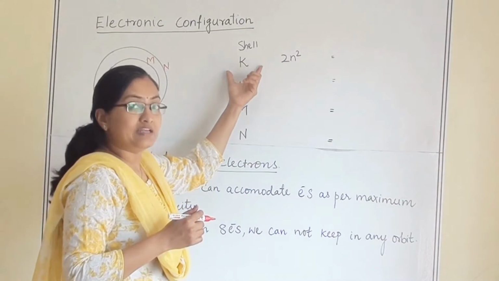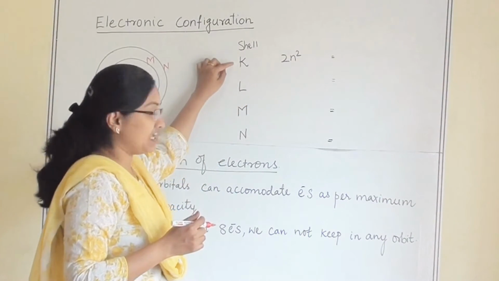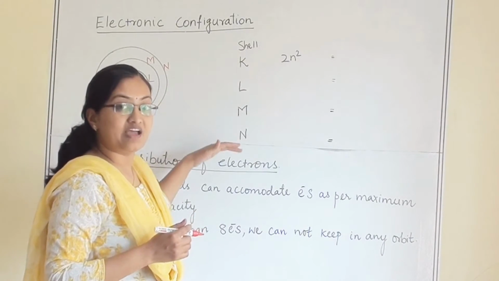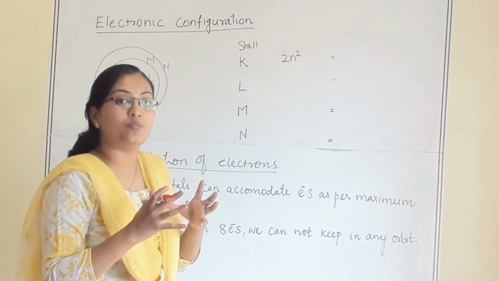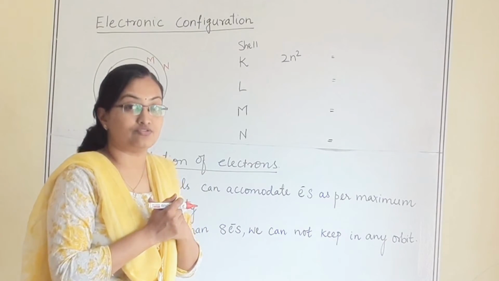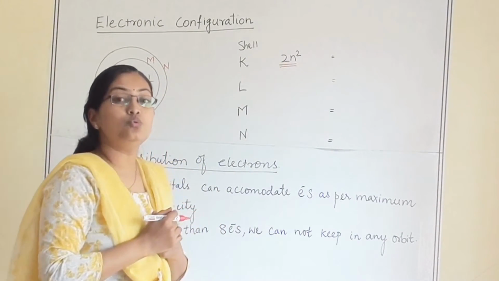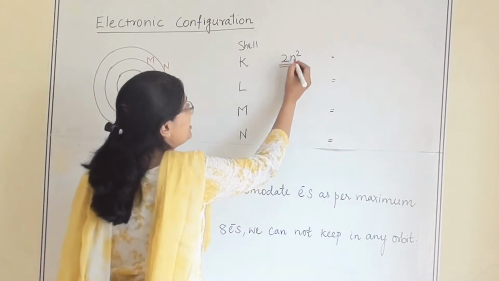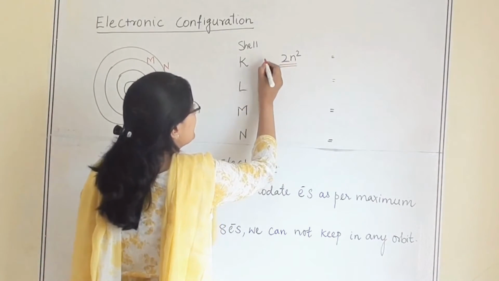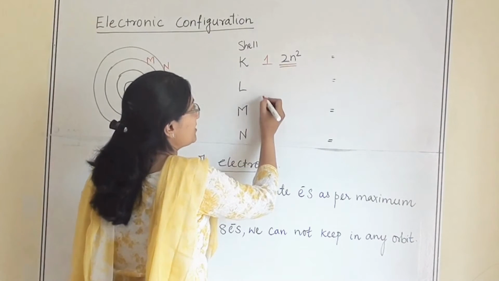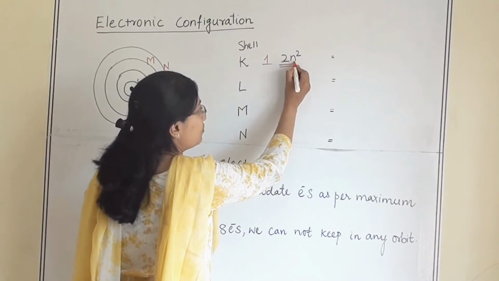So how many electrons can we put in K? Each and every orbit has its capacity to accommodate a maximum number of electrons. How can we count that? We can count it using 2n squared. In place of n, K is orbit number 1, so we put integer 1.